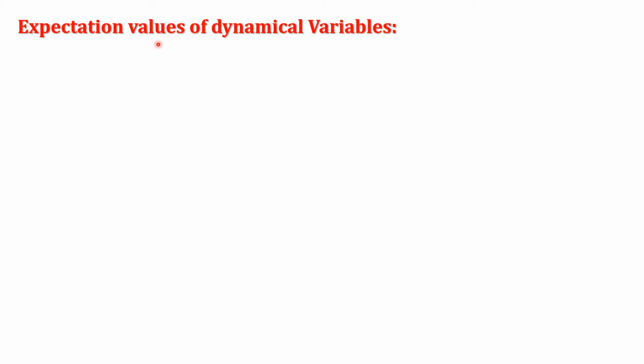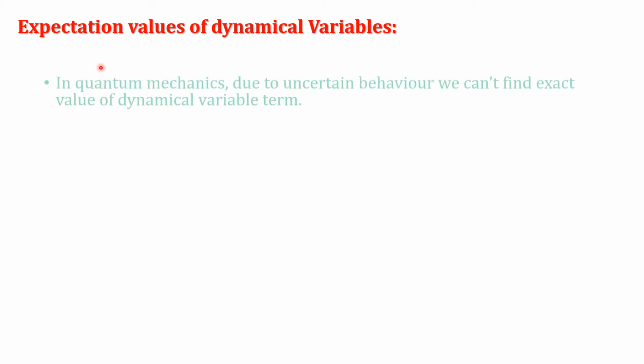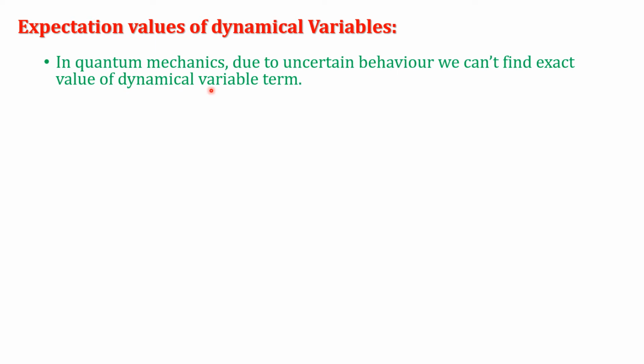How to get the mean value or the average value? Since in quantum mechanics, due to uncertain behavior, we cannot get the exact value of the dynamical variable.